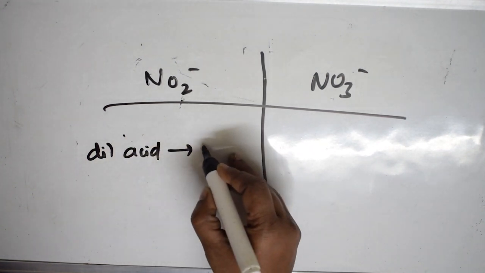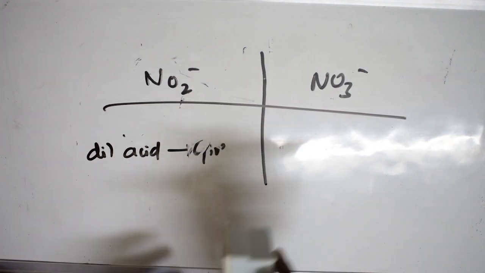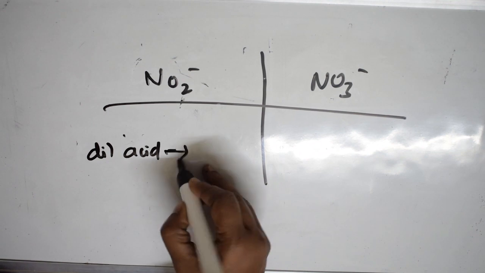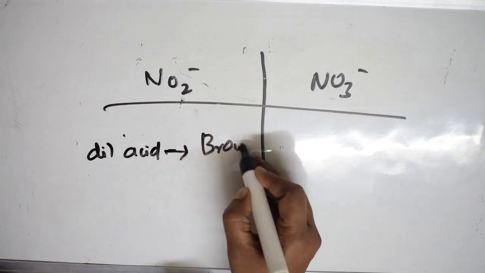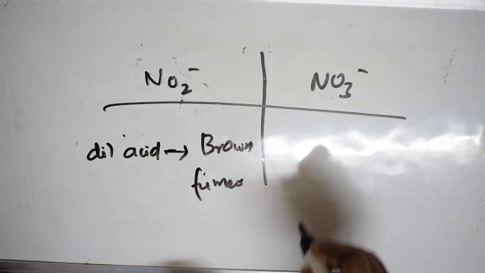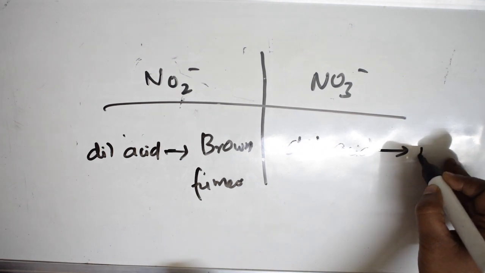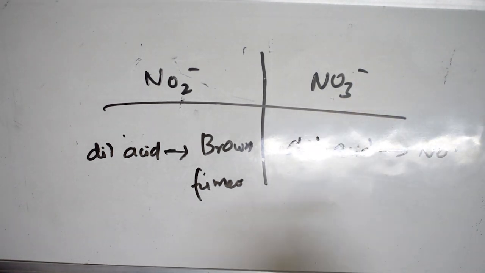If NO2 minus is present, I get brown fumes. And with the other, with dilute acid, nothing is observed. Right, students? Now, next thing.